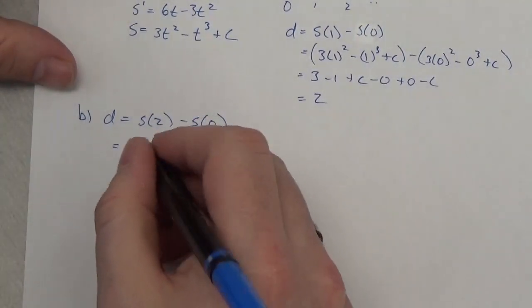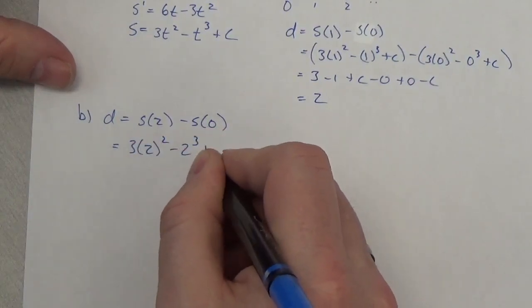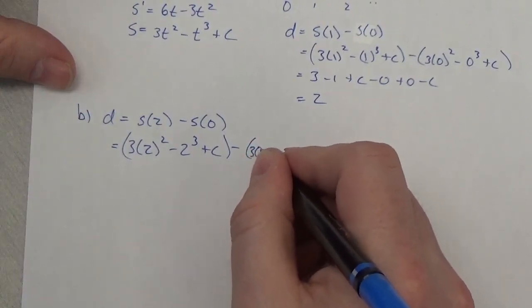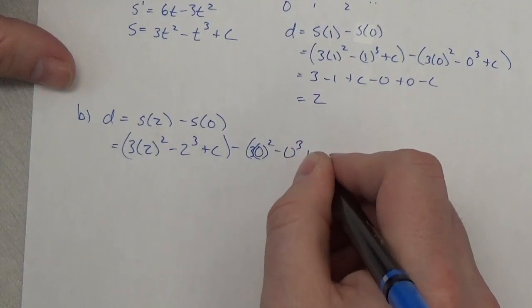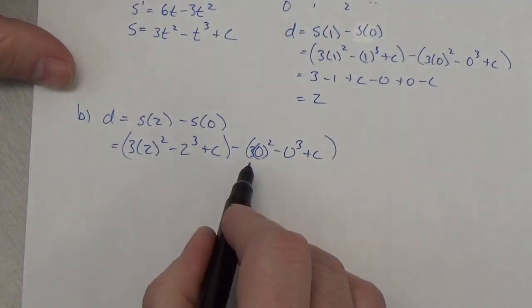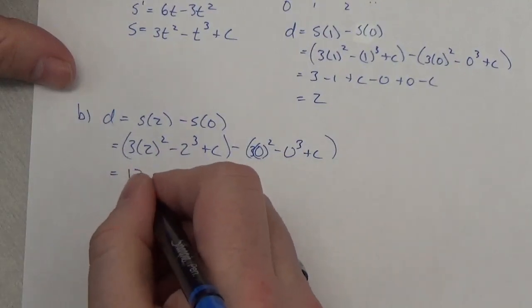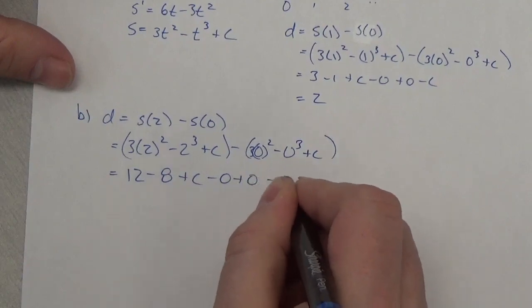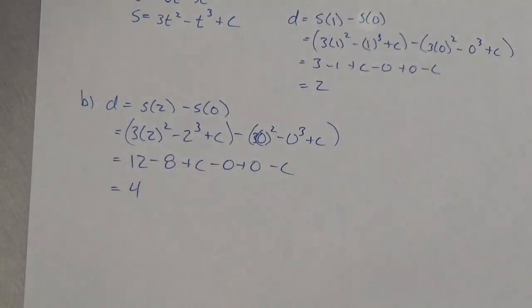So the displacement at 2 seconds is going to be 3 times 2 squared minus 2 cubed plus c, minus 3 times 0 squared minus 0 cubed plus c. So 2 squared is 4 times 3 is 12, 2 cubed is 8, plus c minus 0 plus 0 minus c, c's cancel, and we are left with 4.